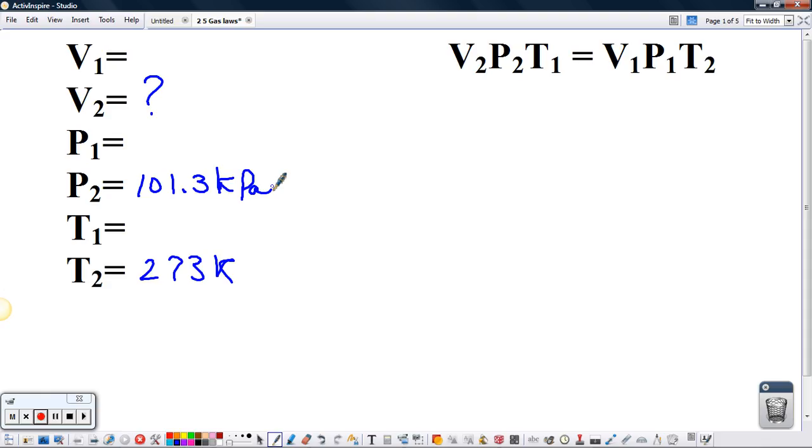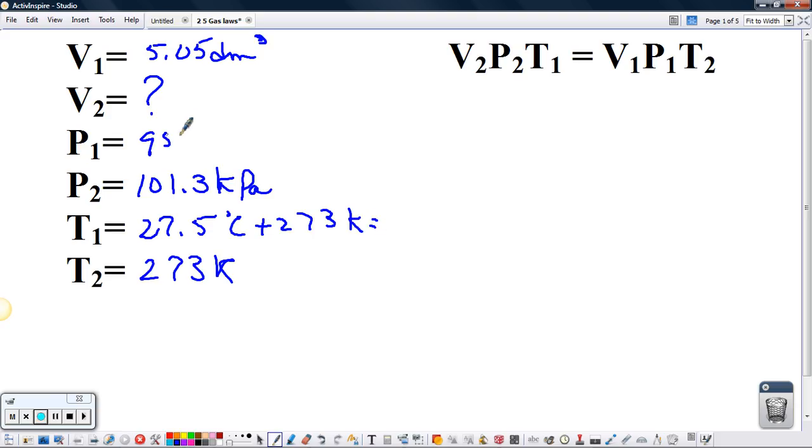If the volume, which is 5.05 decimeters cubed, is collected at 27.5 degrees C plus 273 K and 95.0 kPa.